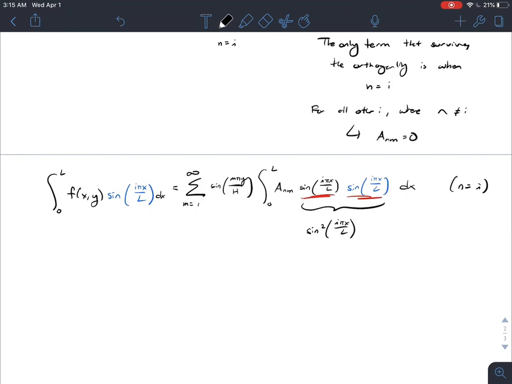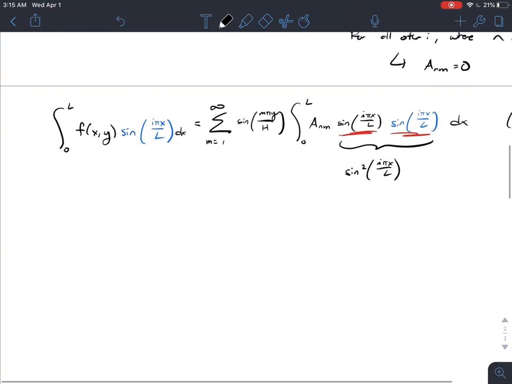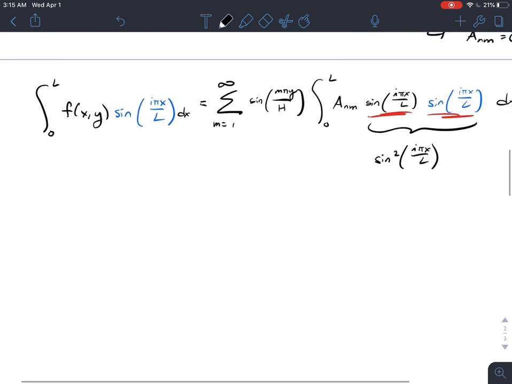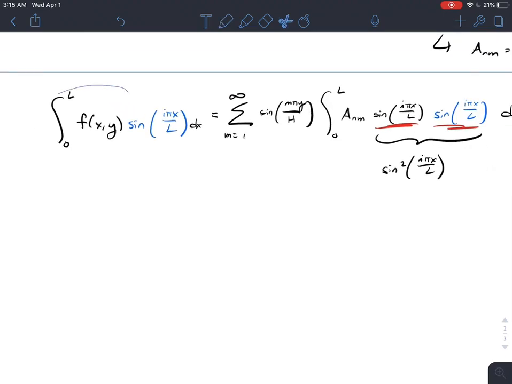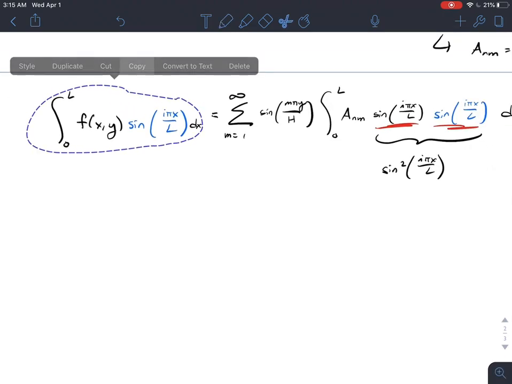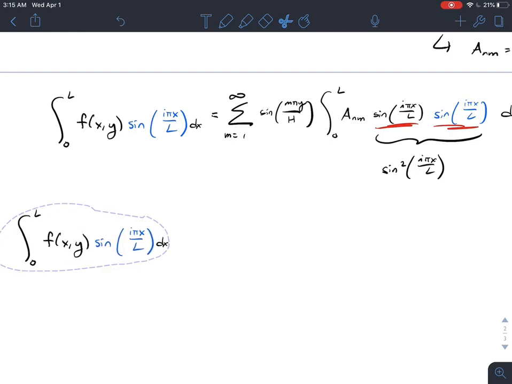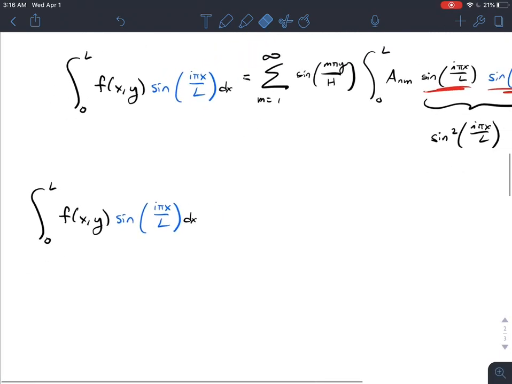Now, all we're going to do is apply the same sort of rules that we just did. Instead of multiplying by sine I pi x over L though, we're going to multiply by, let's say, sine k pi x over L. So multiply both sides by sine k pi x over L. And our goal is to essentially do orthogonality against the sine m pi y over h.